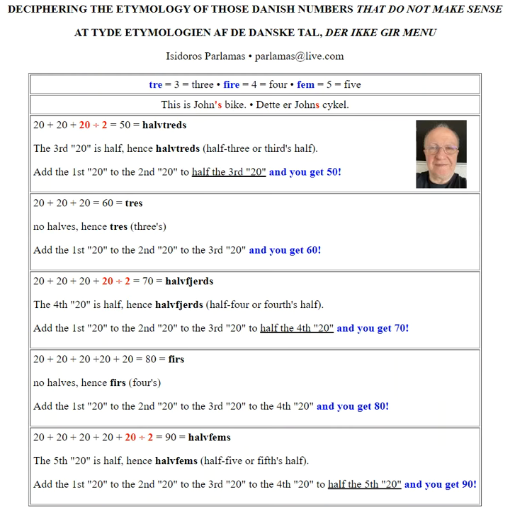So the first question was, are these words like halvtreds compound words or not? They are compound, so they have half and third. Half, the first component, and thirds, the second. And this was the first question.